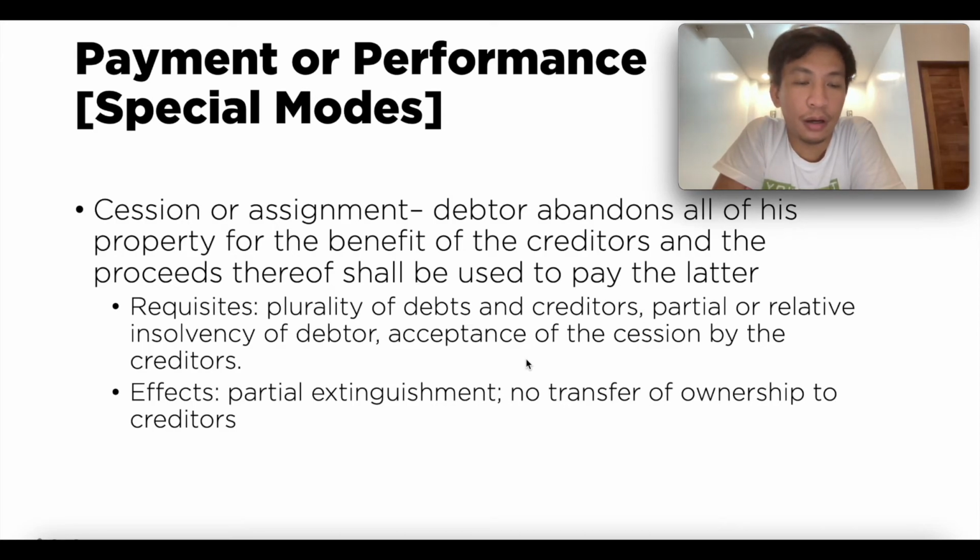Okay. The requisites are, para ma-apply itong cession, kailangan mo na ma-satisfy itong requisites na to. Una, there is a plurality of debts and creditors. Kumbaga, maraming utang, marami akong utang, maraming utang yung isang tao, at marami ring nagpautang sa kanya, iba-ibang tao.